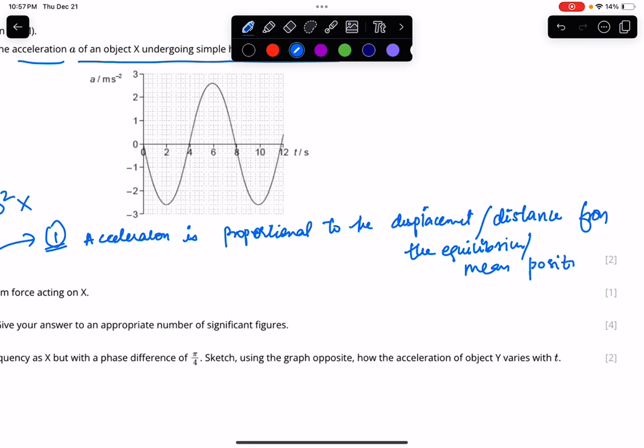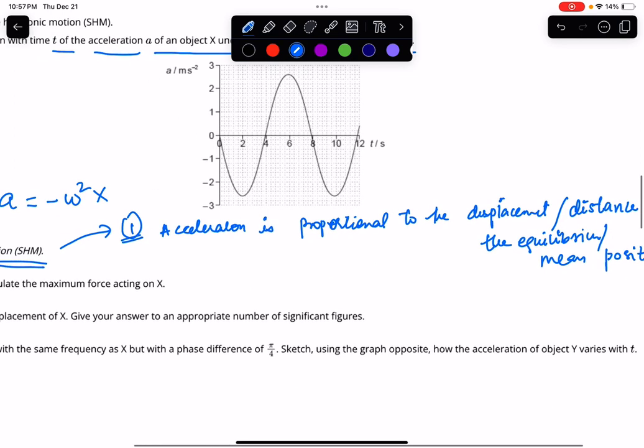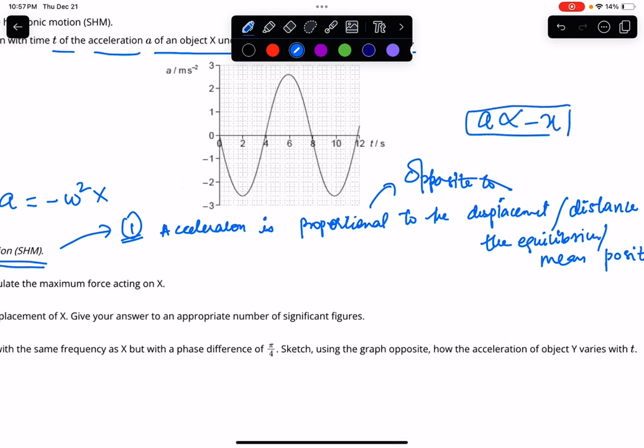Okay. And one thing to note is that acceleration is proportional to displacement and it is opposite to displacement. Okay. Because the acceleration is proportional to negative x.